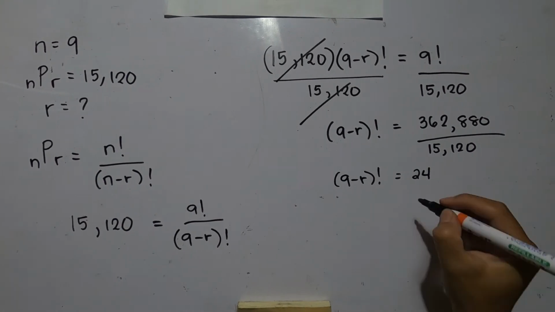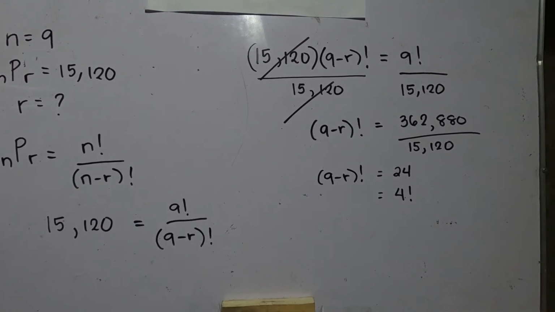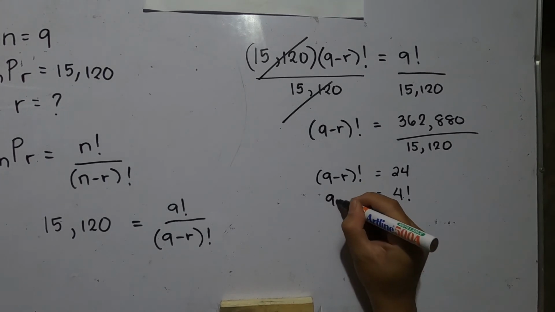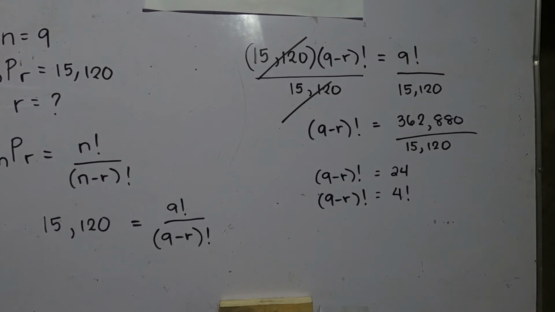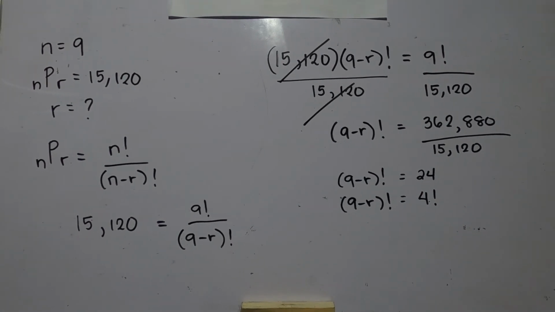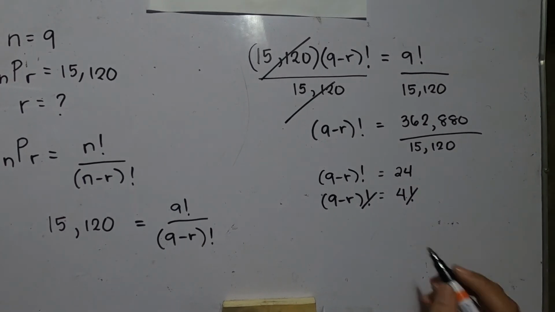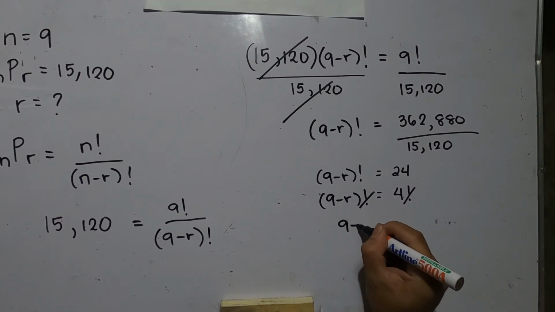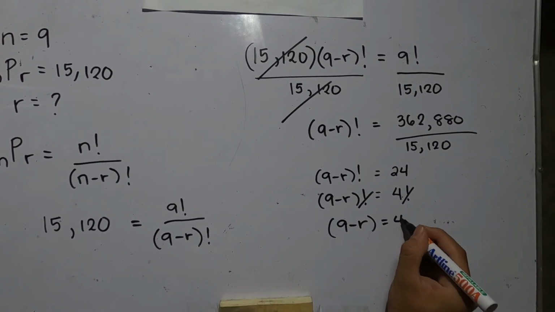So this 24 will be written as 4 factorial. The equation becomes 9 minus r factorial is equal to 4 factorial. Then, the factorial symbol will be cancelled out. The equation becomes 9 minus r is equal to 4.